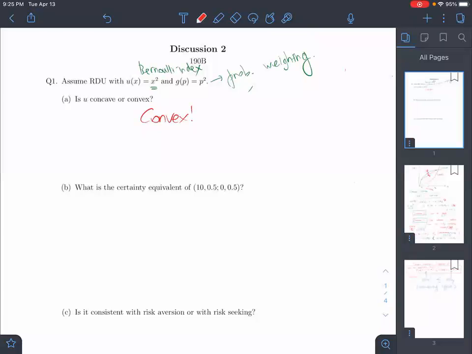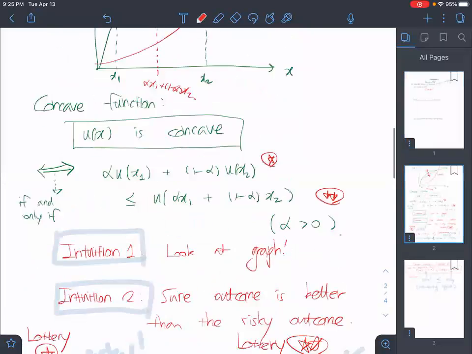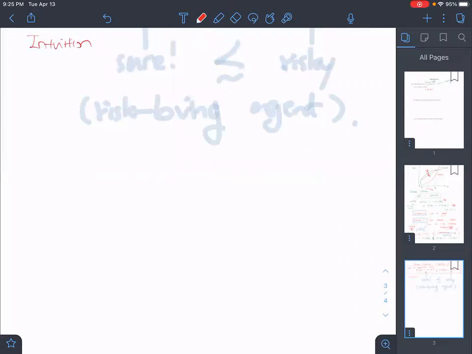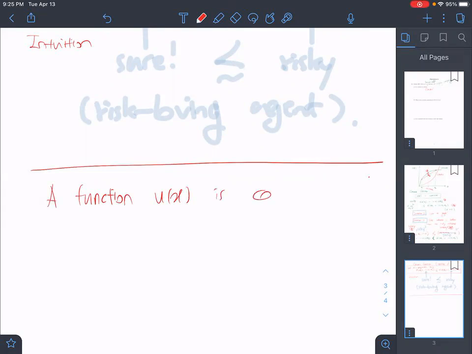If you use differentiation, there's a much easier way to see if the function is concave or convex. So let me add some more sentences here. I'm sorry, really the last one. A function u of x is concave if and only if u double prime x is negative.